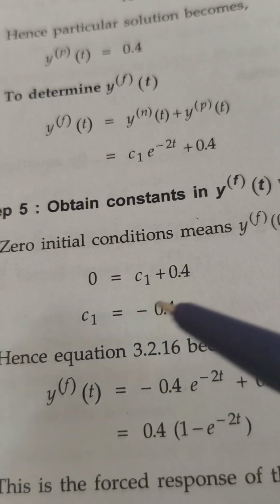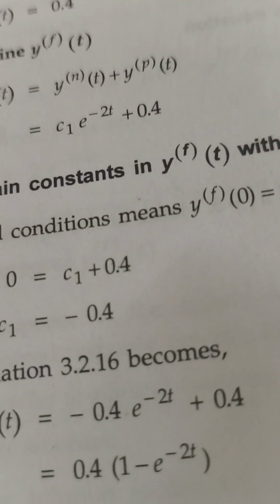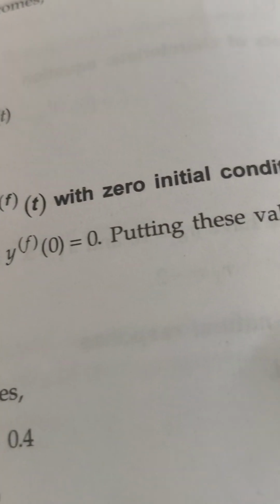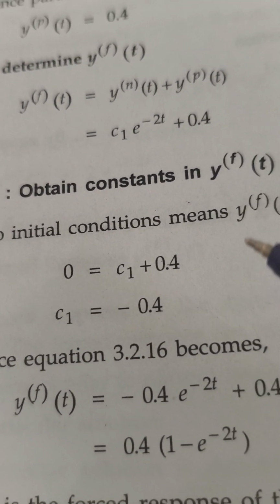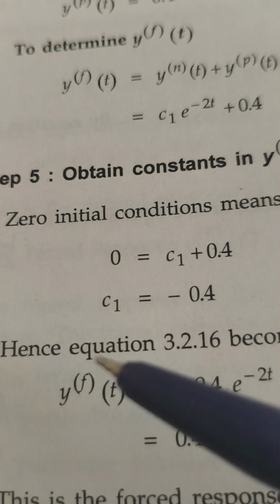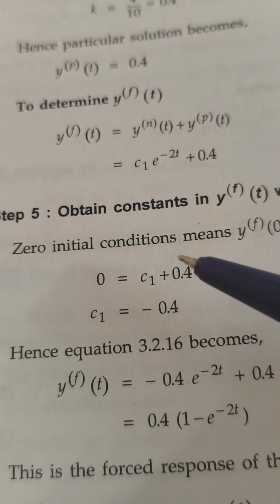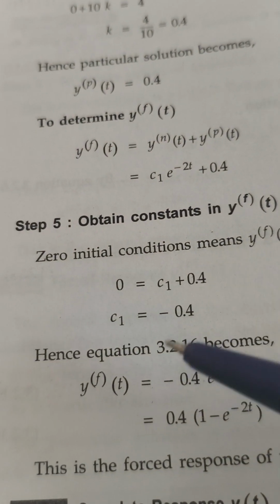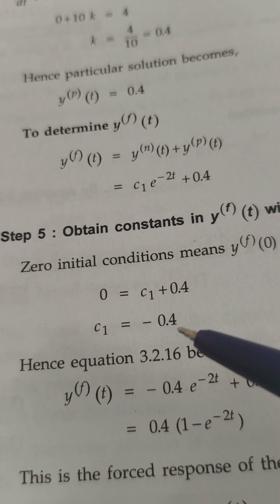When we consider the initial condition y of 0 equal to 0, then 0 equals c1 plus 0.4. What is the value of c1? When 0.4 moves to this side, it will be minus 0.4. Therefore the value of c1 is minus 0.4.